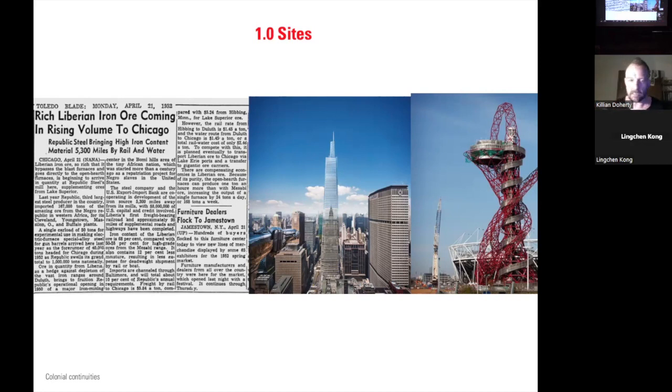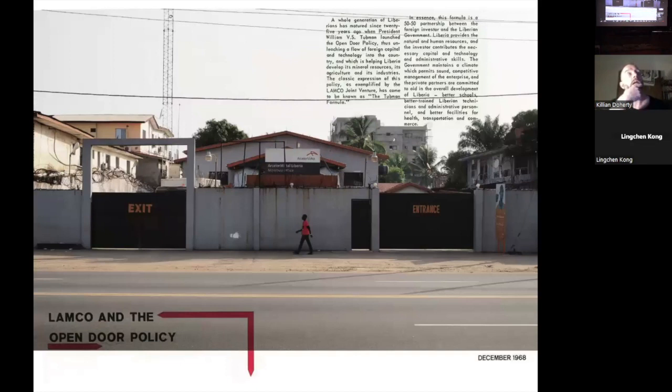When I started the PhD at the Bartlett, I took the MA architecture history with Jane Rendell and Site Writing, and it was an opportunity to get into the site, an entry point.